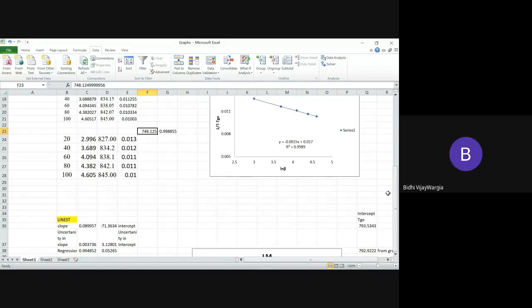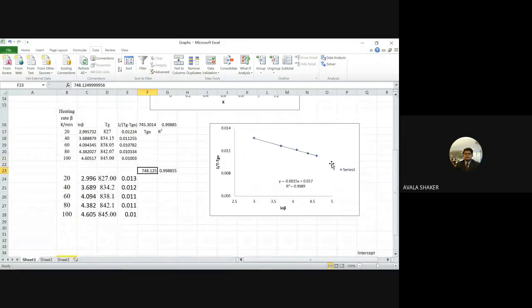So what do 20, 40, 60 represent here? Those are the heating rates. A sample is heated or cooled, and that is the heating rate, per minute. Heating or cooling rate, you can take it; it's an average they give.